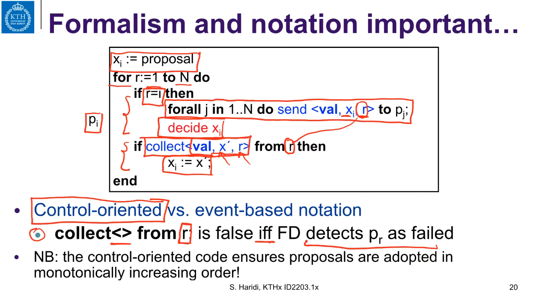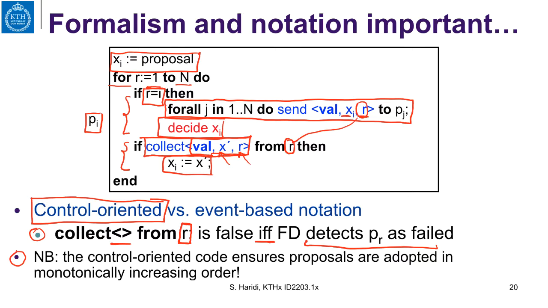You can see from this code, you will only decide in the round that you are a leader, and that's it. So this code is a little bit different from the event-based notation that we used before. In particular, the control-oriented code ensures proposals are adopted in a monotonically increasing order.